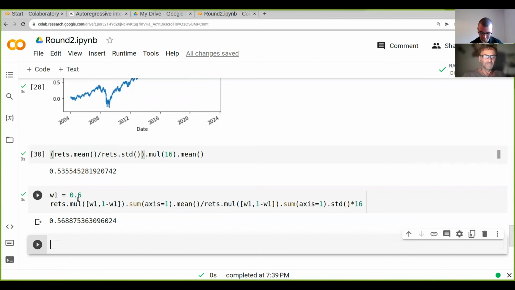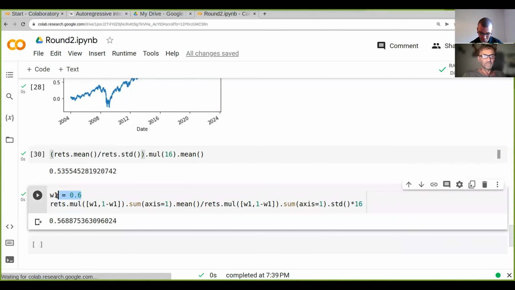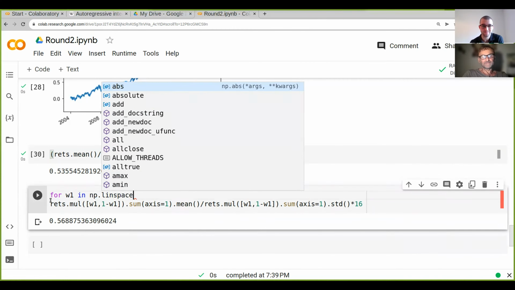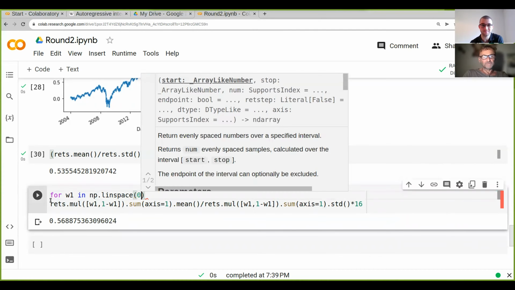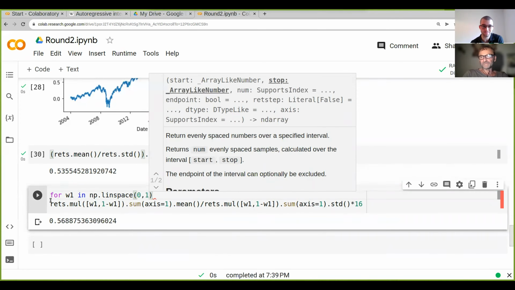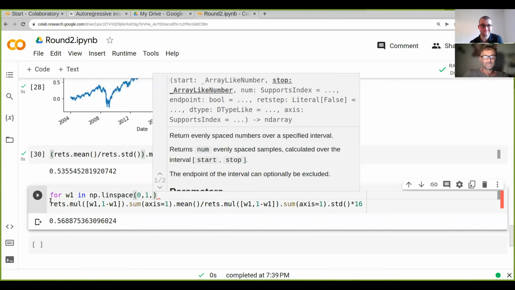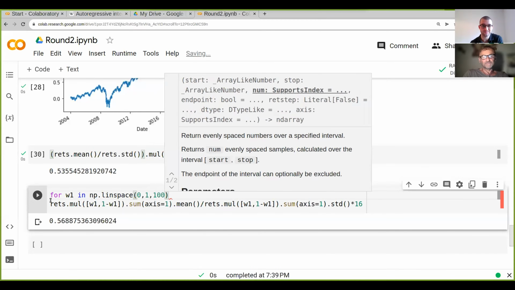But today we don't want to do this. What we can do is something like for W1 in, and you remember the good old linspace, from 0 to 1. So we're weighting one extreme and the other. Let's say we take 100 values.